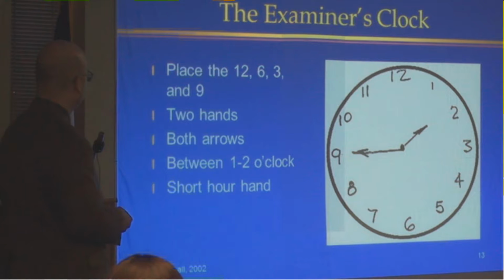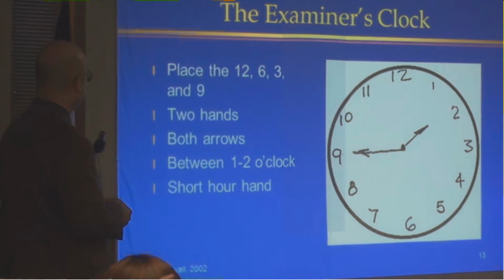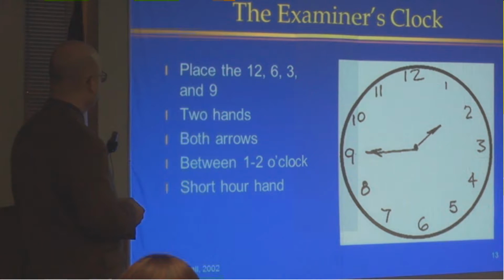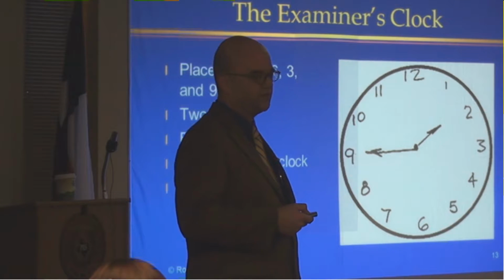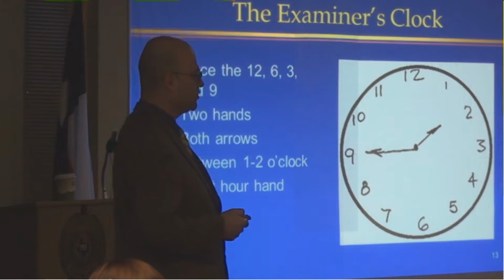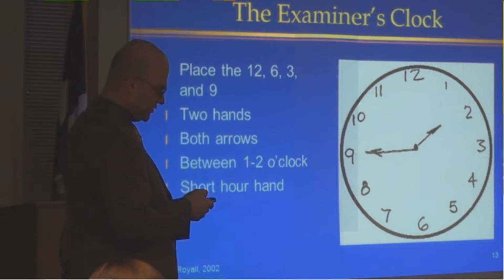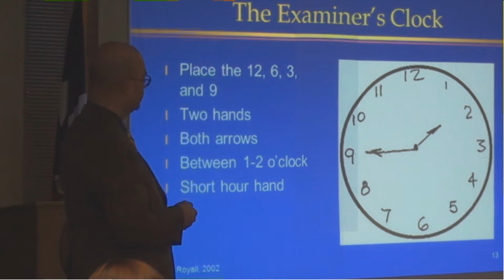Then you need to put the 2 hands, both arrows. It has to be between 1 and 2. That's how you used to do it. So that's a perfect 15. The clocks is scored from 0 to 15. 15 is normal. 0 is very impaired.